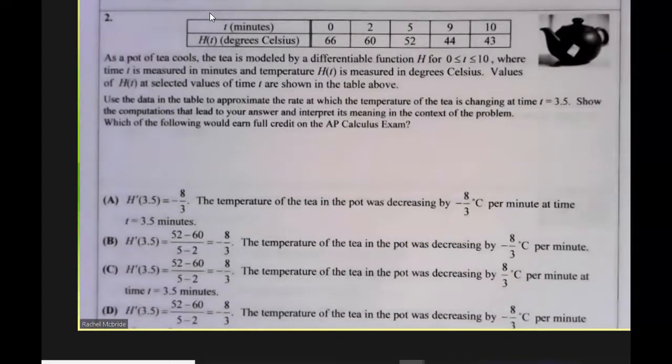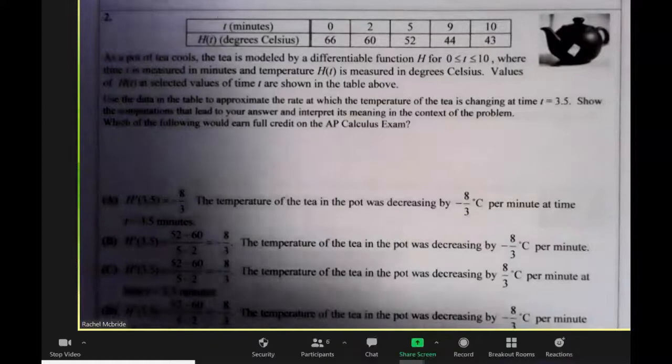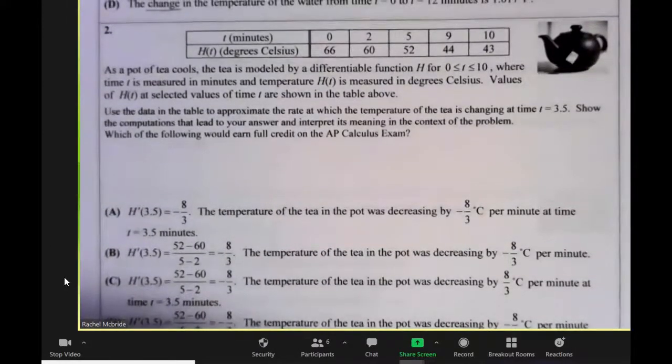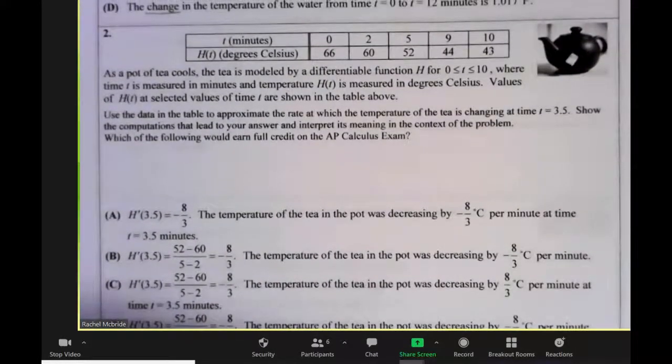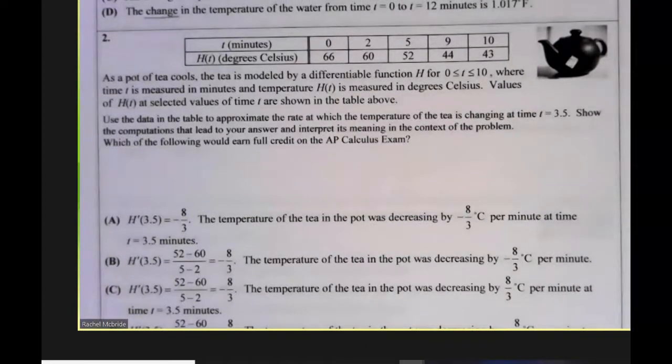Number 2, go ahead, take a minute, read through that. Okay. So again, using the data to approximate a rate at which the temperature of T is changing at 3.5, show the computations that lead to your answer and interpret its meaning in the context of the problem.